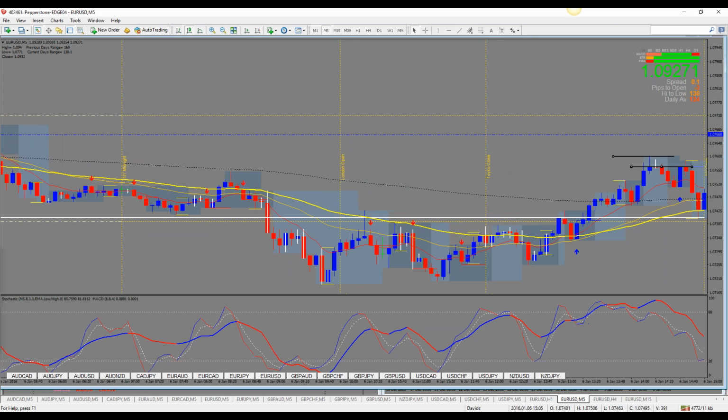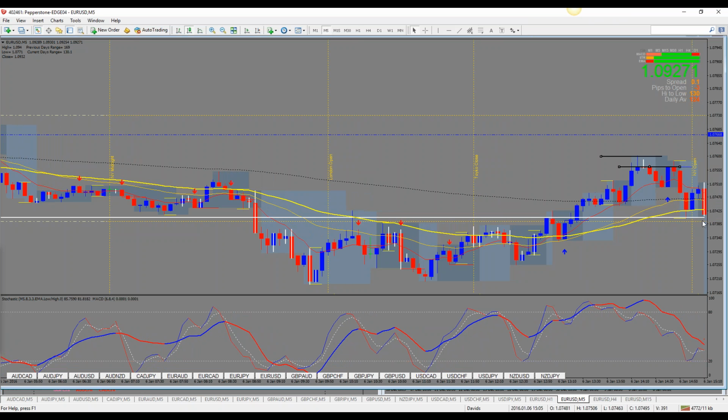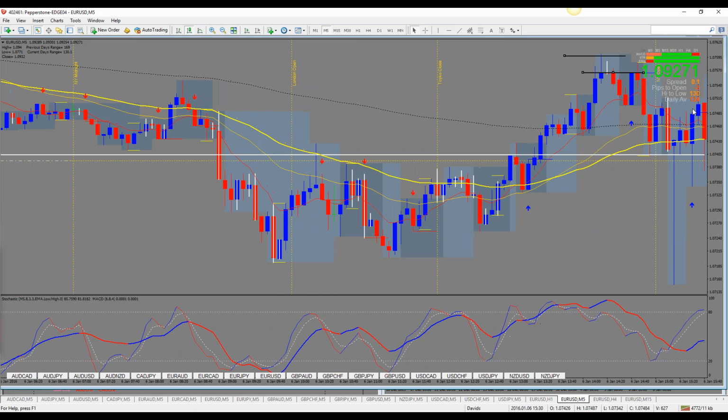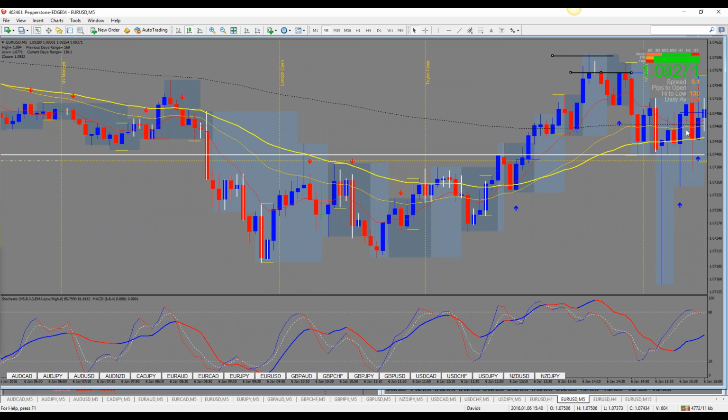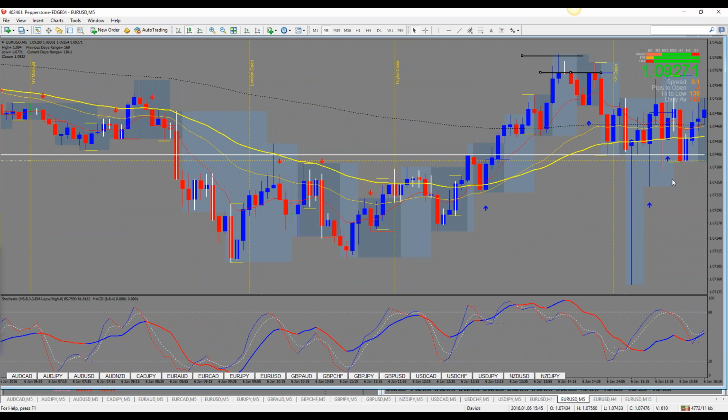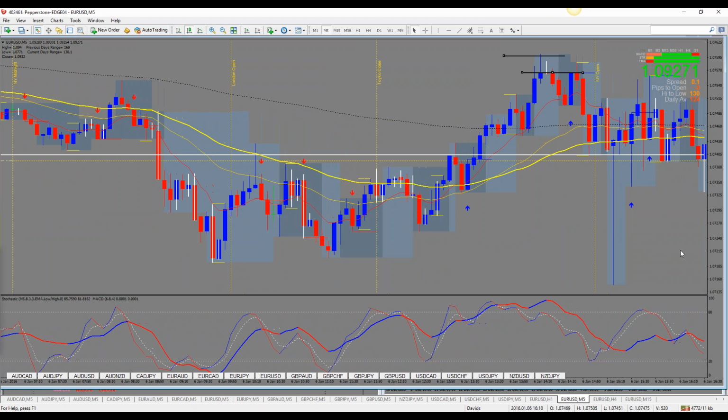It didn't go. So New York Open, there's a big news candle. I'm waiting for the market to settle down here. It's just way too busy.